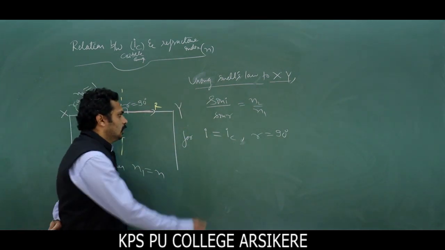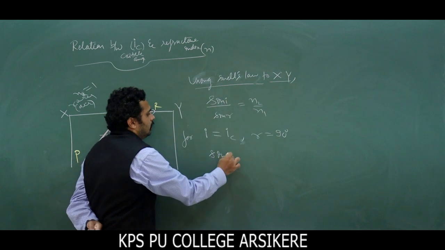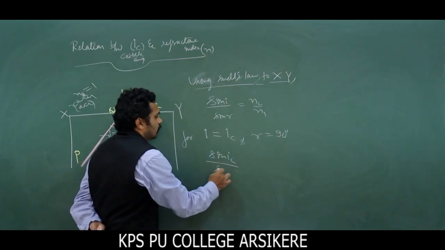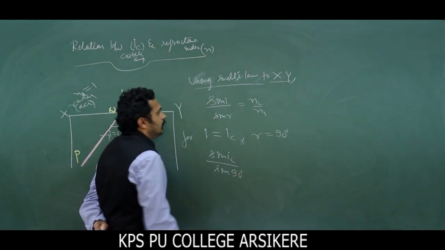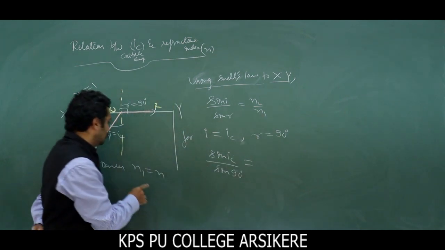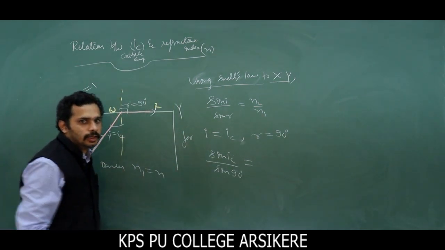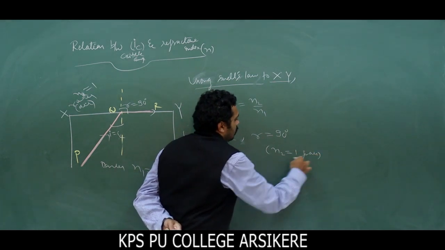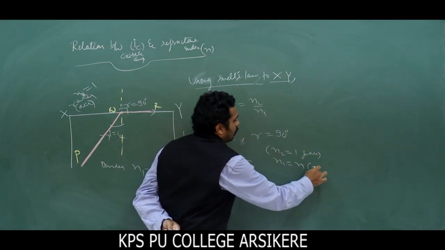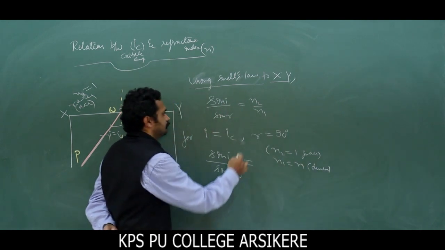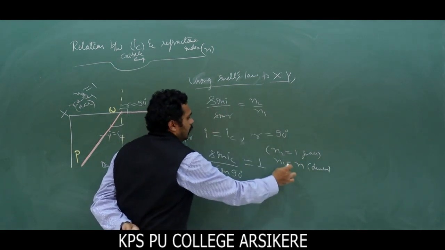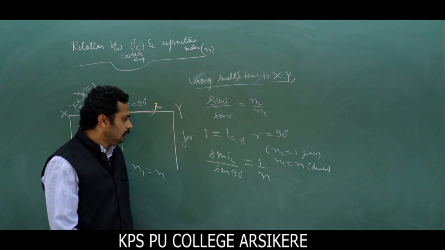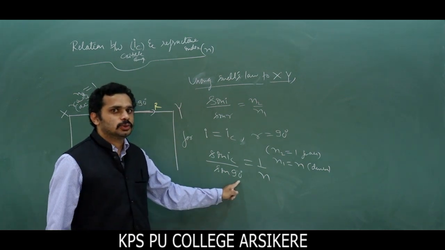Now sin IC by sin R, what is R here? 90 degrees, is equal to N2 by N1. N2 is 1 for the rarer, air medium, and N1 is N for the denser medium. Now sin 90 is 1.